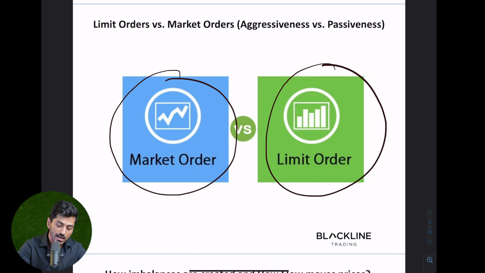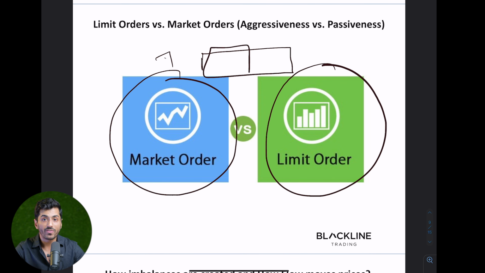So the interaction between both of these groups will basically create an imbalance and move the price from one point to another, right? So remember that order flow is basically an interaction between the limit orders and the market orders, because it tells you about the passiveness and aggressiveness of a move.